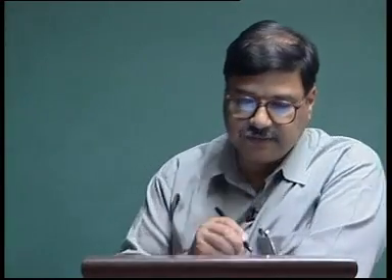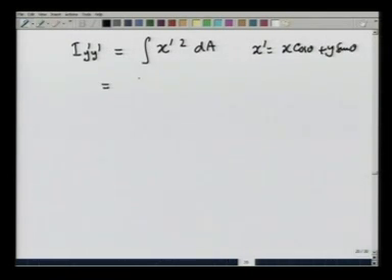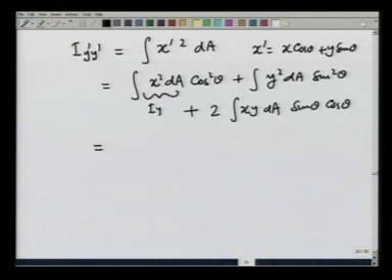Let us do the same exercise for I y prime, which is going to be equal to integral x prime square dA, but I know x prime is equal to x cosine theta plus y sine of theta, and therefore, I can write this as integral x square dA cosine square theta plus integral y square dA sine square theta plus 2 integral x y dA sine theta cosine of theta, which is I y y, I x x, and I x y respectively.